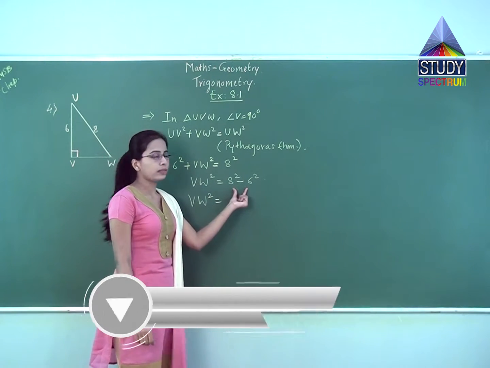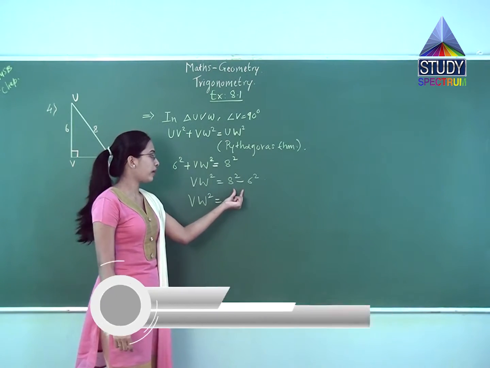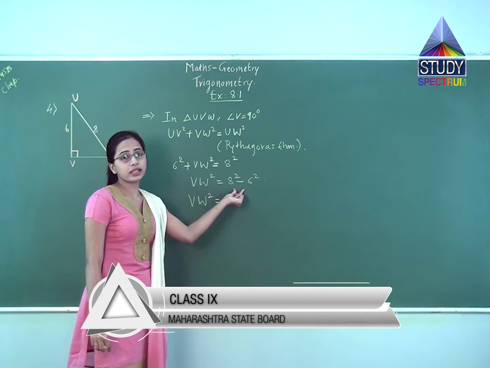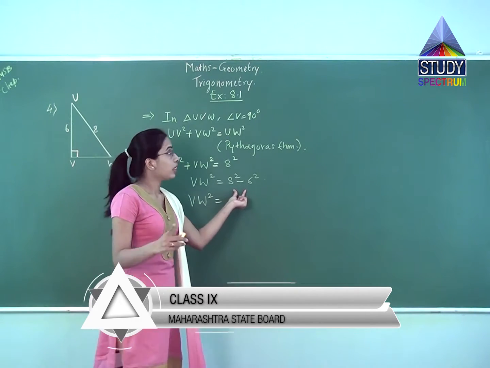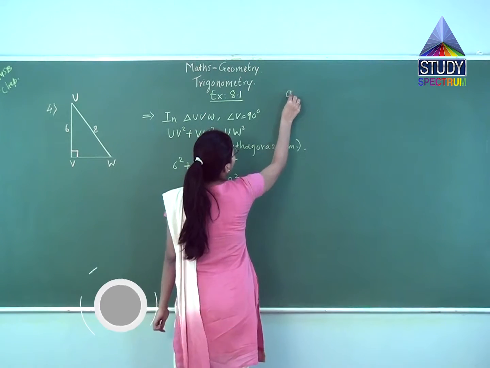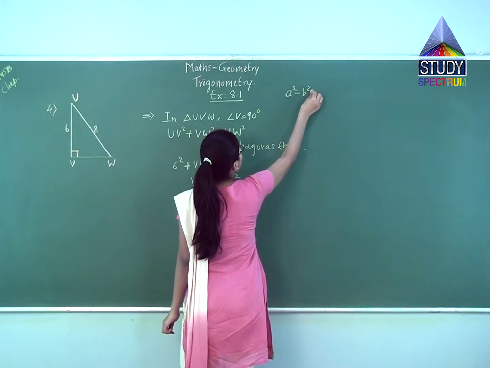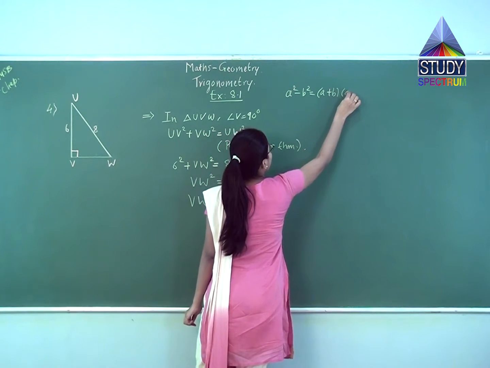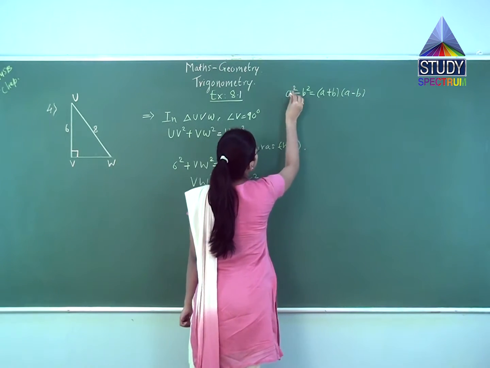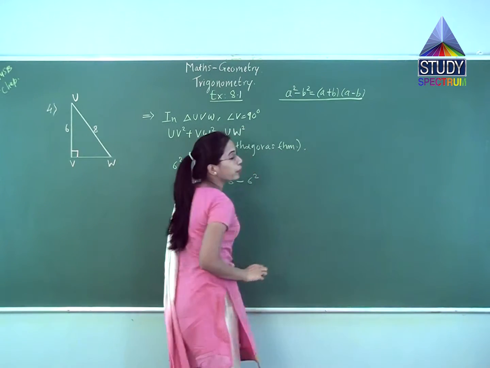Actually these are small numbers, so we can directly write the squares and subtract them, or if the numbers are big and we don't know the square, then we can use the formula a square minus b square is equal to a plus b into a minus b. This relationship you can use.